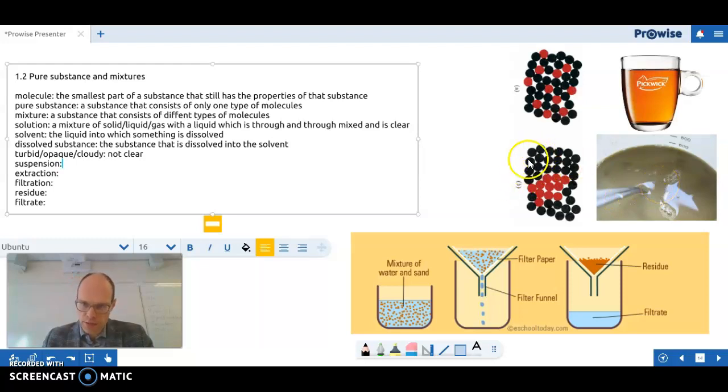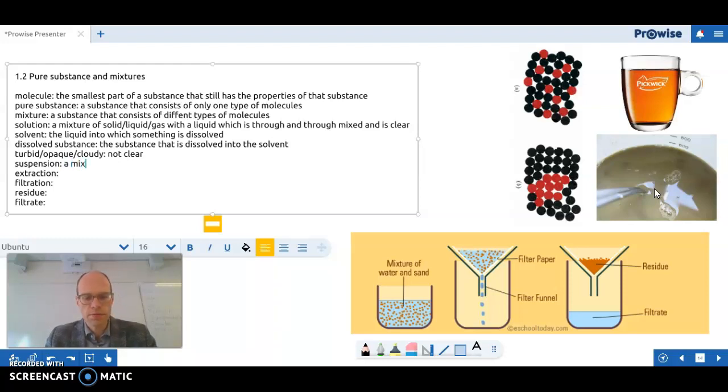And if we look at it at the molecular level, you can see it is not mixed through and through. You have small clumps of the solid in the liquid. And the other thing about it is not clear, that it is turbid or opaque or cloudy. Please note that turbid, opaque, and cloudy are synonyms. So, what is a suspension?